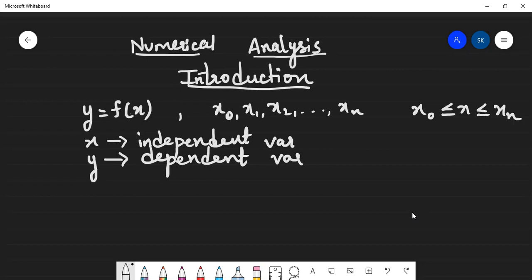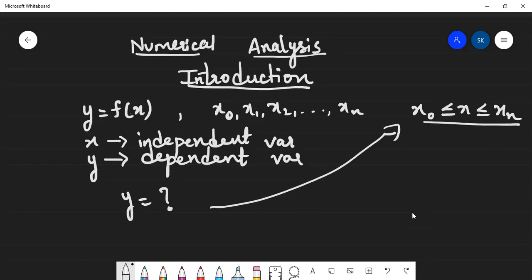So, for such a given function, can we find the value of y corresponding to every value of x in this given range? For any given x value from this range, can we find the y value?